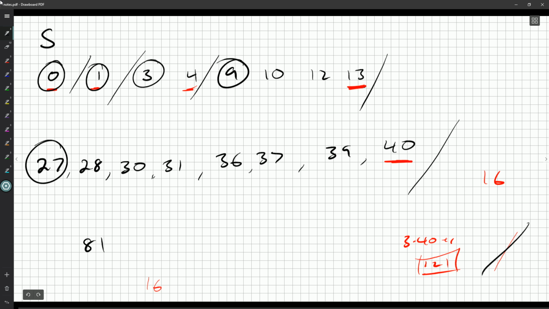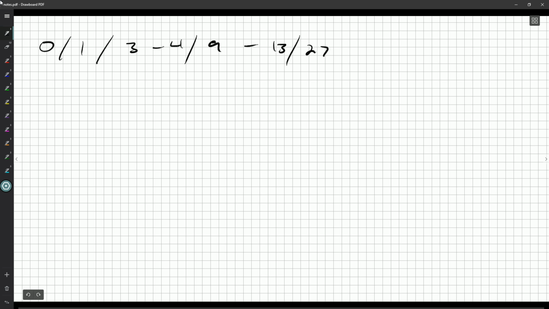So now if we look at the smallest number in each group, we can draw our groups out again. So 0, 1, and then a group that goes from 3 to 4. Then a group that goes from 9 up to 13, 27 up to 40, 81 up to 121. And then the next group would go 243 up to 364.